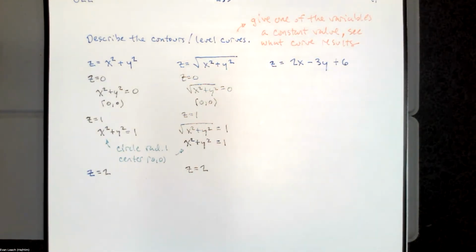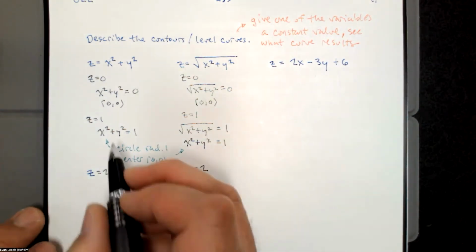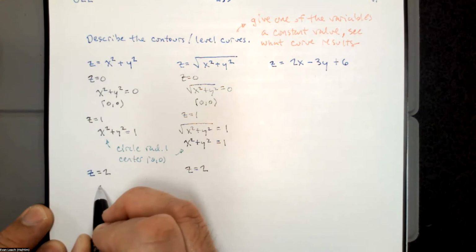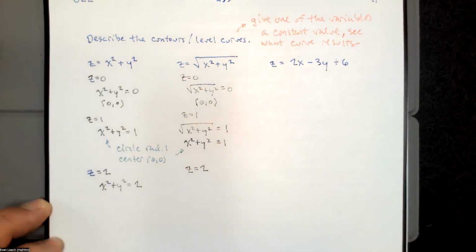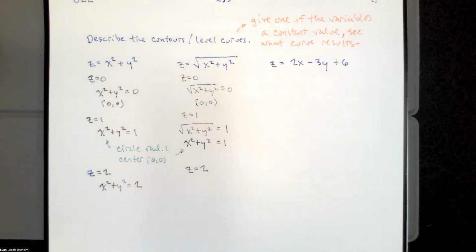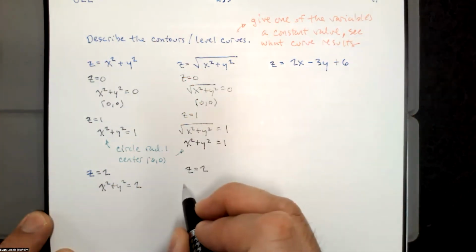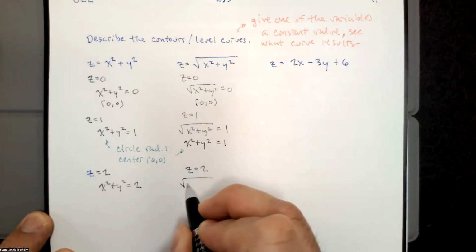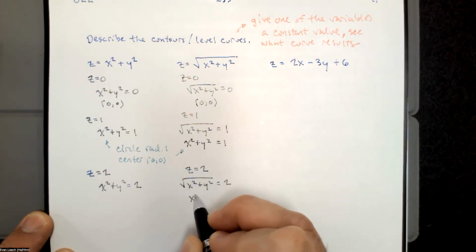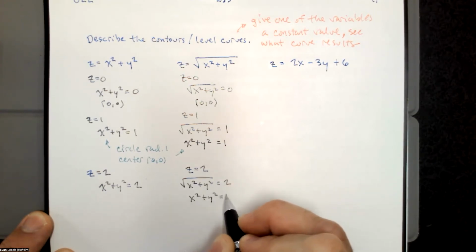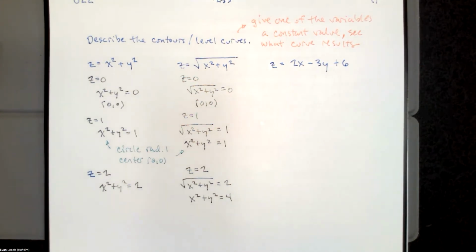So let's check contours for z equals 2, where things are going to change. Over on the first one, we're looking at a circle of radius square root of 2. But on the square root version of things, we have a circle of radius 4.